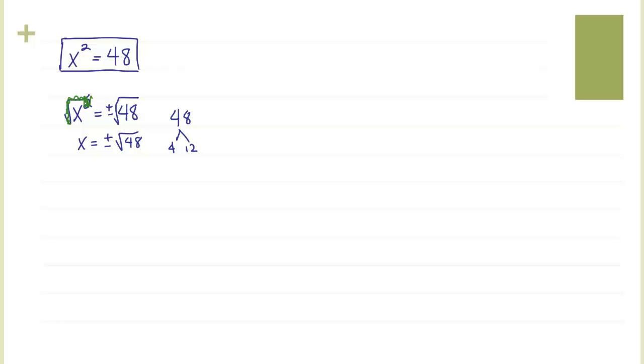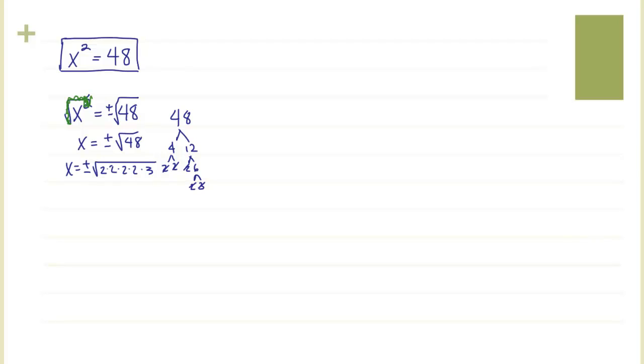4 times 12, 2 times 2, 2 times 6, 2 times 3. And so I'm going to rewrite 48 as 2 times 2 times 2 times 2 times 3.